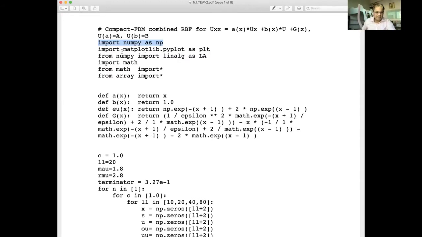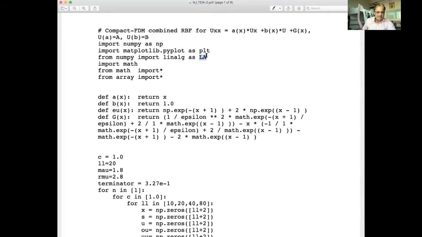Thereafter, import matplotlib, which is basically for plotting of the function. Then from NumPy, I will use the linear algebra package, linalg, which I will denote in short as LA.